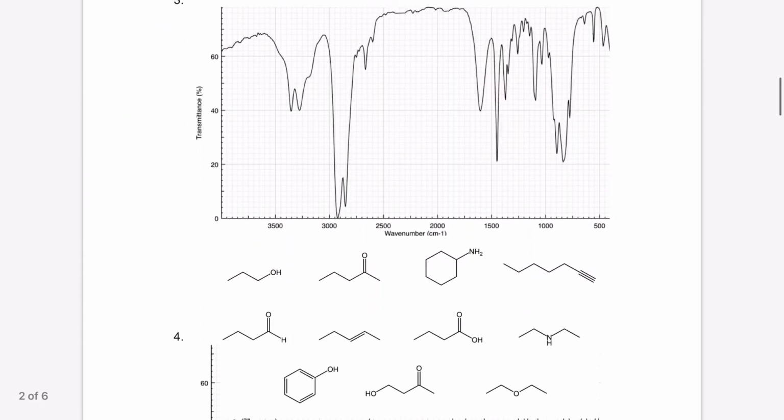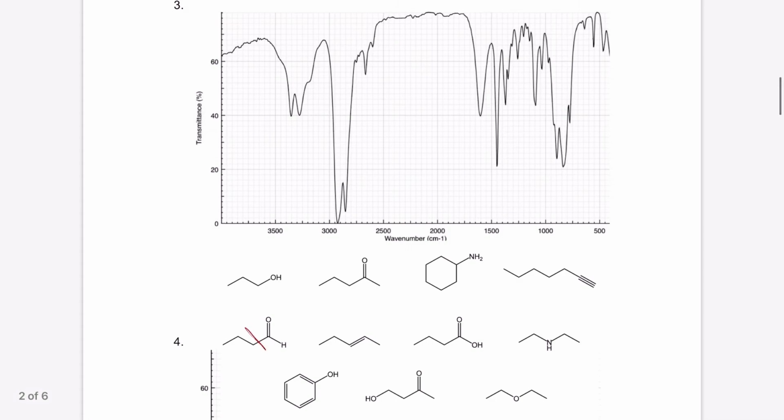Moving on to question 3. We've already used our aldehyde and our alkyne. So looking at question 3, we don't see any band around 1700, so we're not looking for a carbonyl group. We have some alkane stretching.